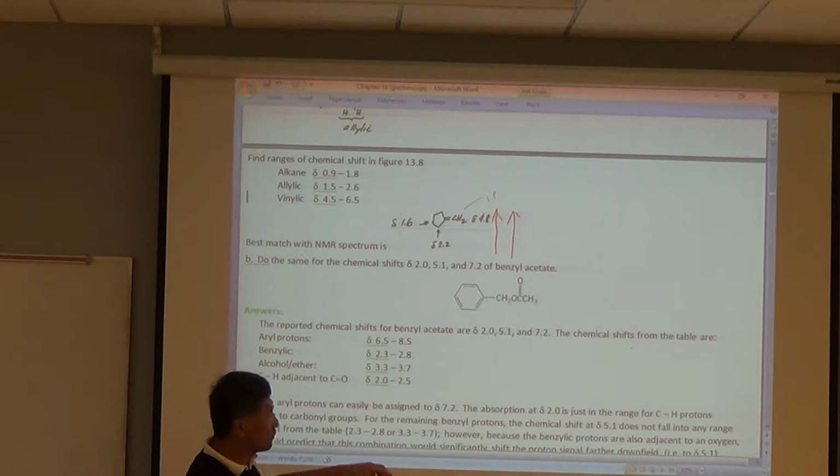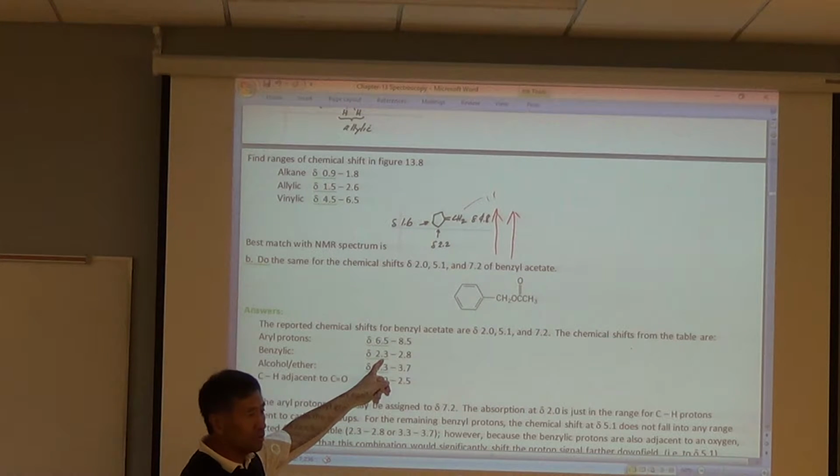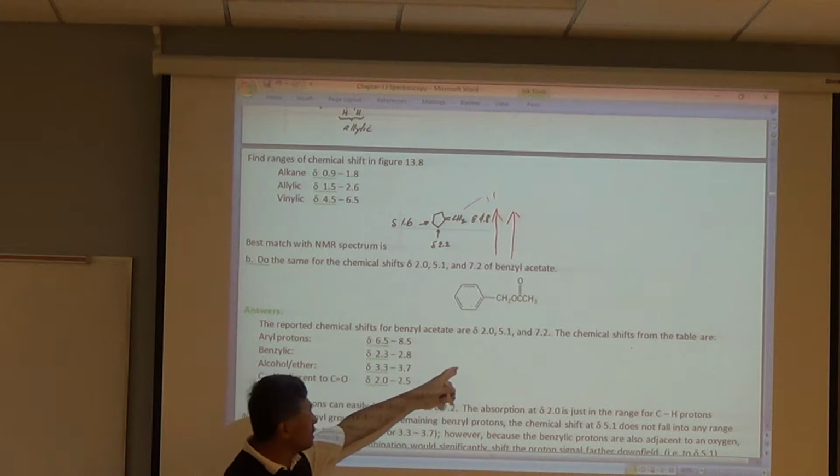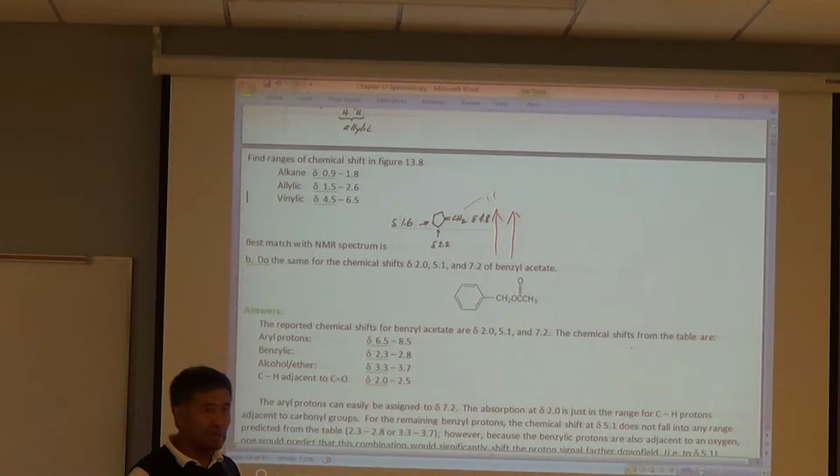According to the table, if you simply have those benzylic H, for example toluene H, those H from the methyl on the benzene ring, you will see the number is somewhere between 2.3 and 2.8. But here, this 5.1 doesn't match any of those numbers.